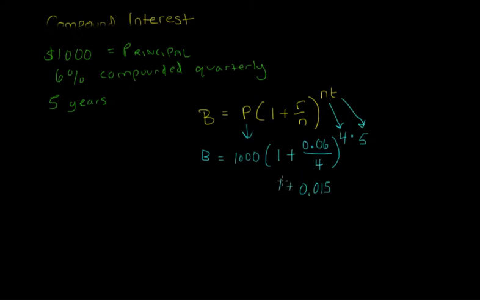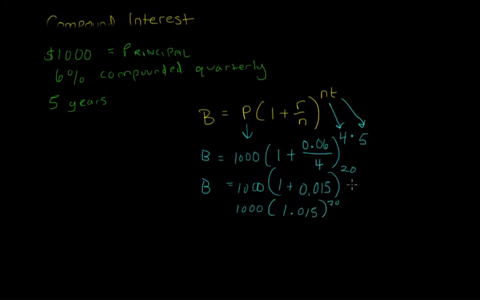So 1 plus that. We know 4 times 5 is 20, so let's go ahead and write that. And then 1,000 on the outside equals B. On the inside of these parentheses, I probably should have simplified that: 1 plus 0.015 is 1.015 raised to the 20th.